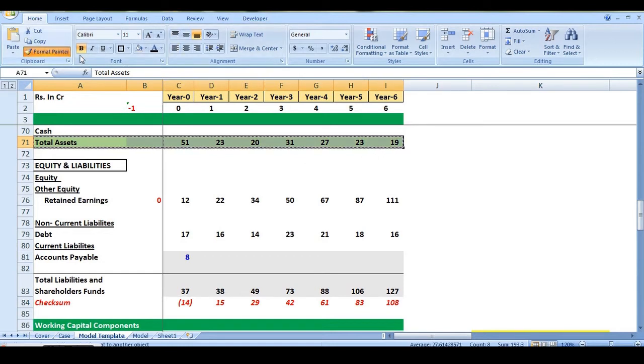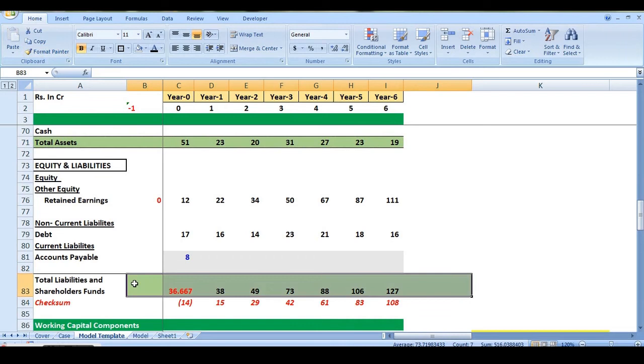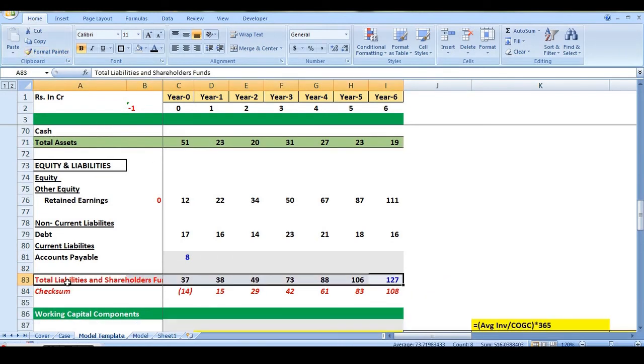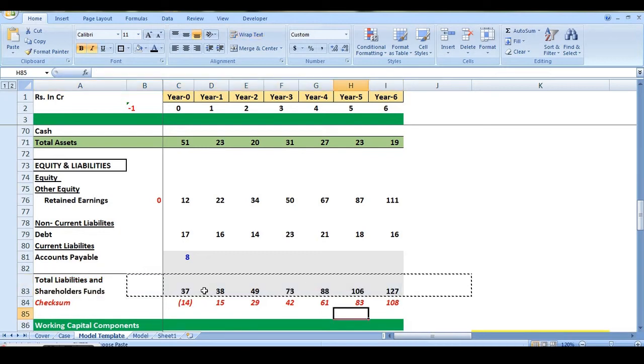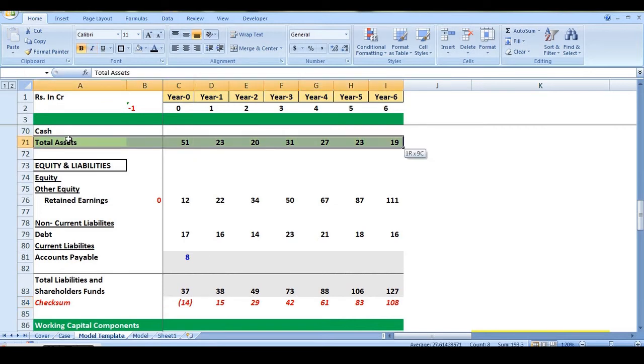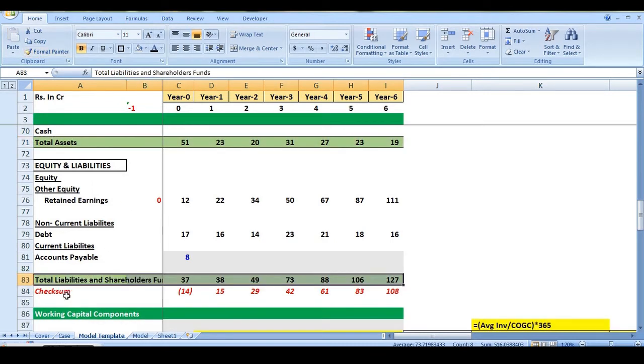It works for us when we want to find by what amount it is not balancing, and how much the difference is between the asset and liabilities totals. Checksum can be calculated simply as total liabilities minus total assets.